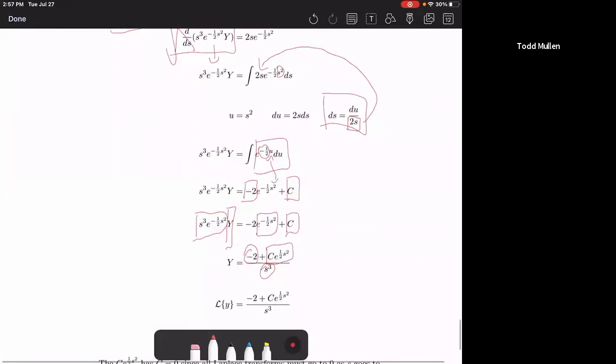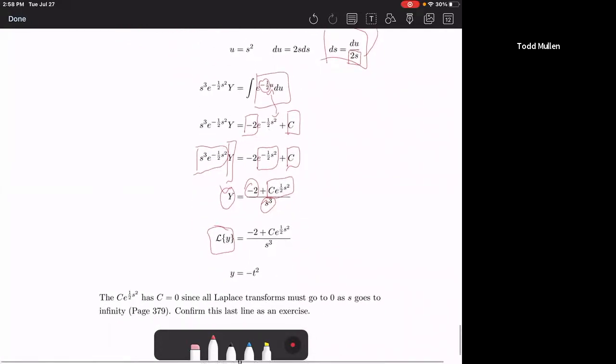Now we perform our substitution. Remember, y is actually equal to the Laplacian of little y. And this, it ends up, is just equal to negative t squared. Now, half of the reason for that is that this c e to the 1/2 s squared term must have c equal to 0.